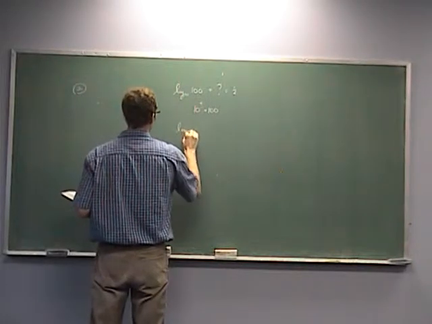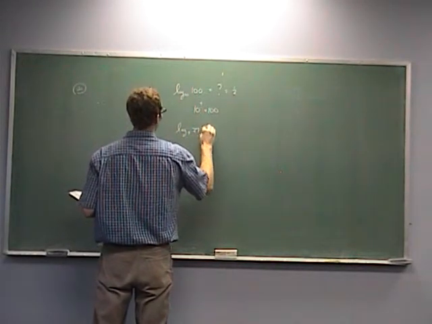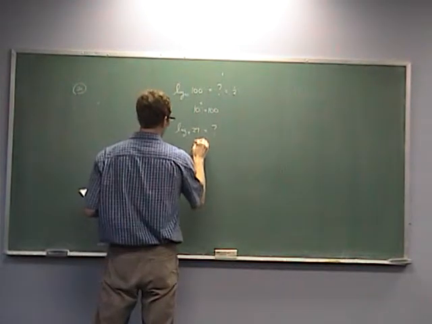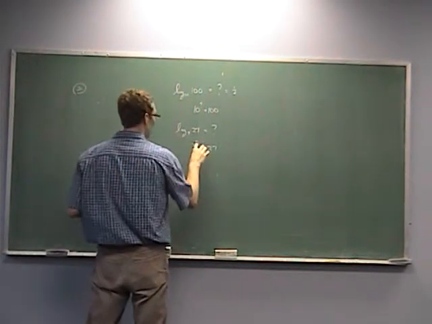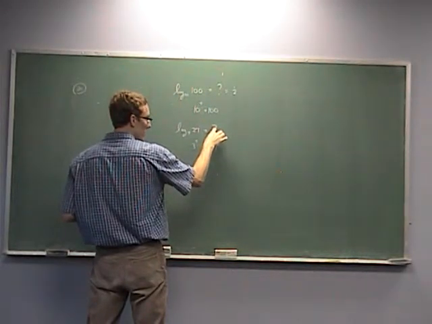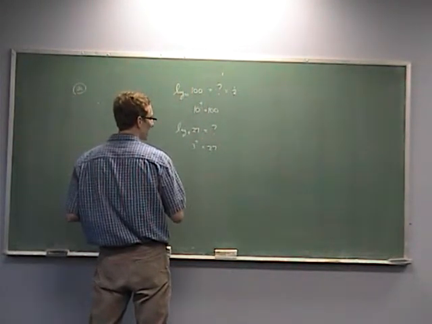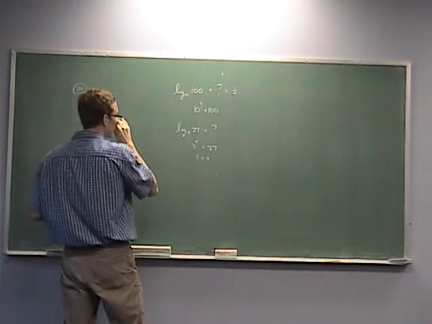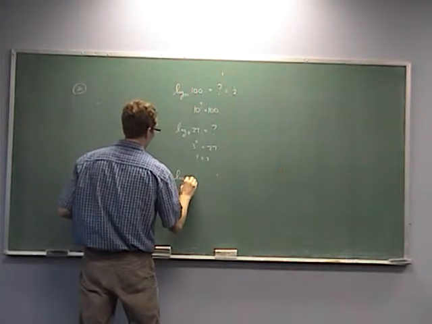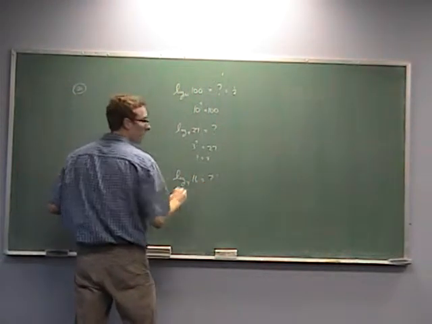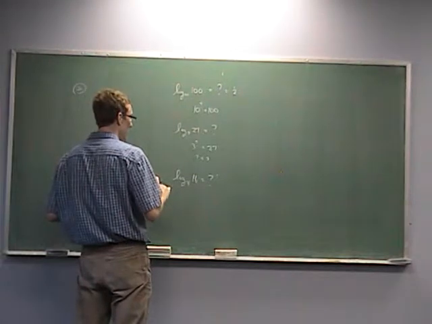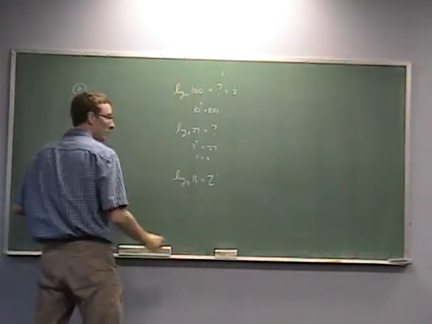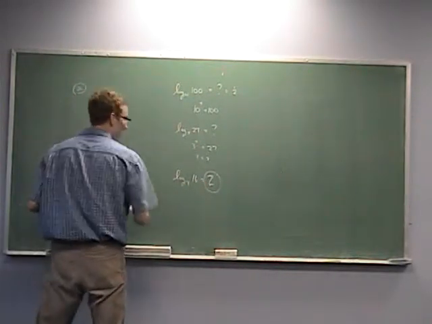If you had log base 3 of 27, you're saying 3 to some power is 27, and what you need to find out is that power. In this case, the power has to be 3. So if you're ever given something like this, just think: 4 to what power is 16? That power's got to be 2. And then you have what that thing is.